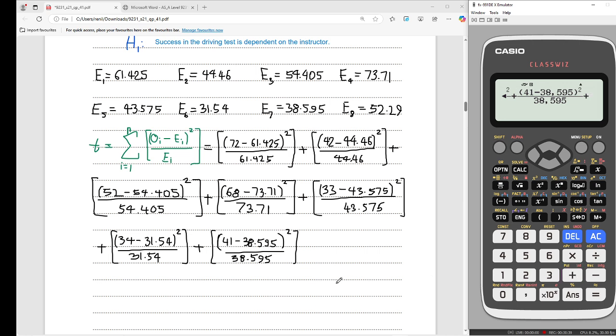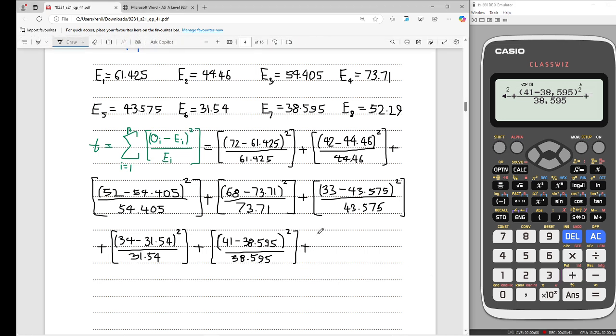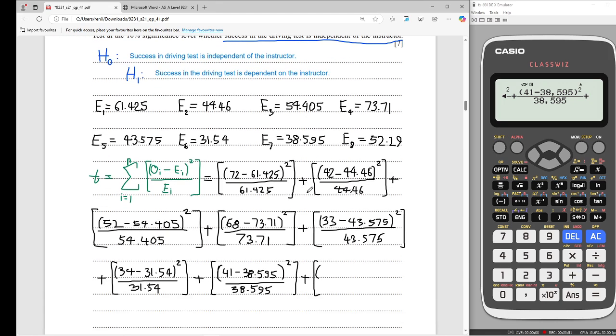And then finally when i equals 8, we have our observed value as 58. Minus that with 52.29, square the difference between the two, and finally divide by our expected value.